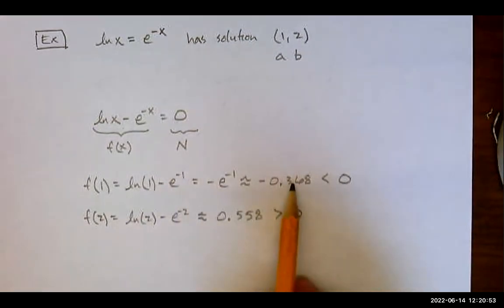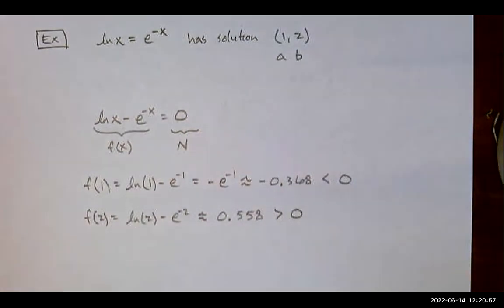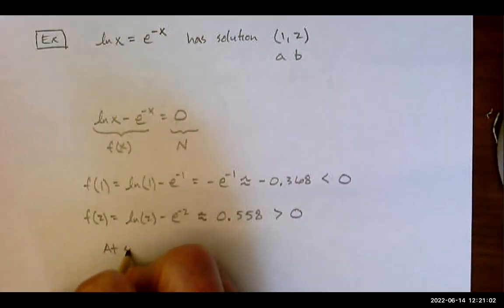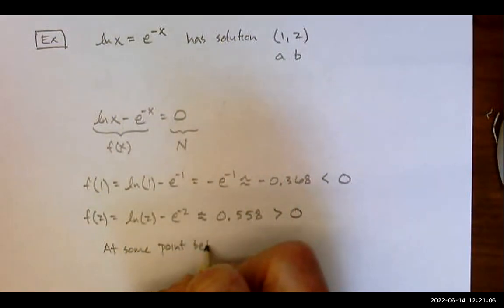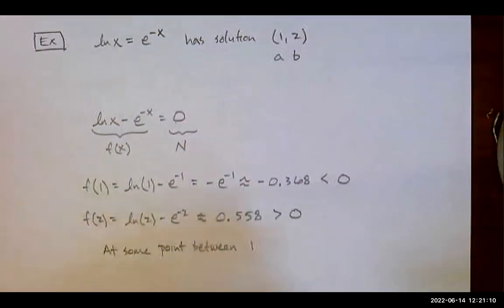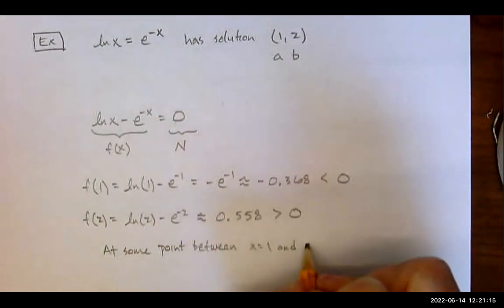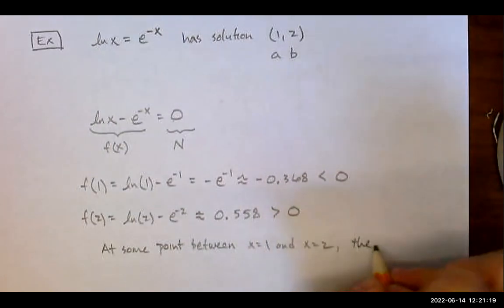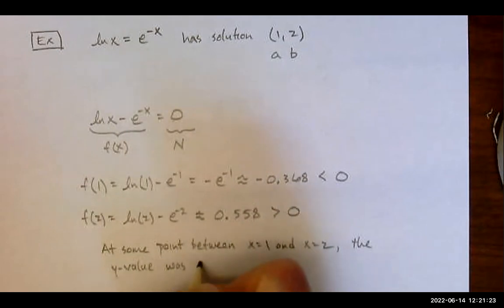Well, if it began negative and ended positive, didn't it have to pass through 0 at some point? At some point between x equals 1 and x equals 2, the y value was 0.